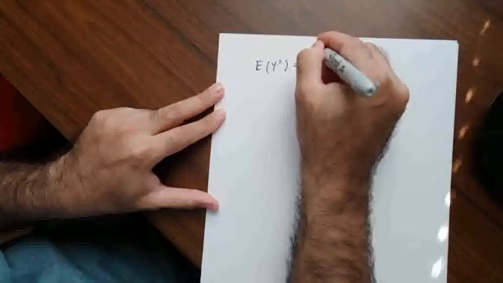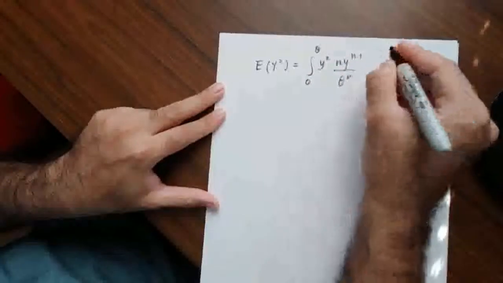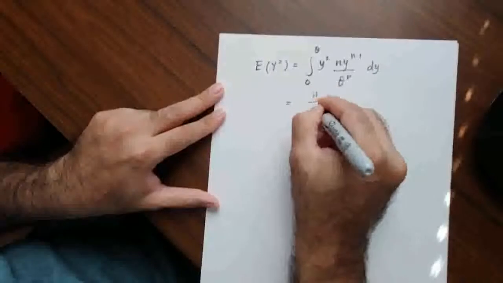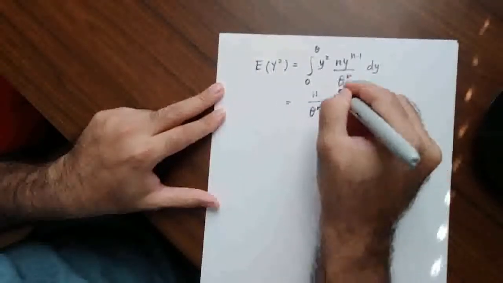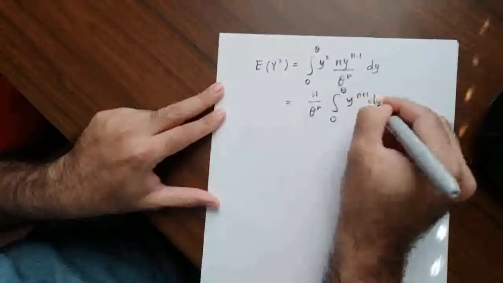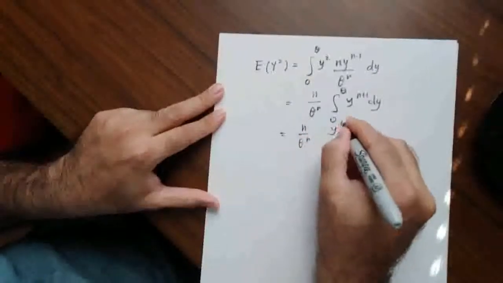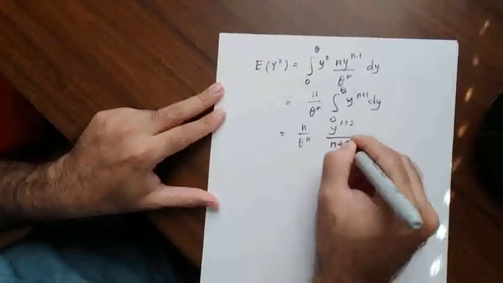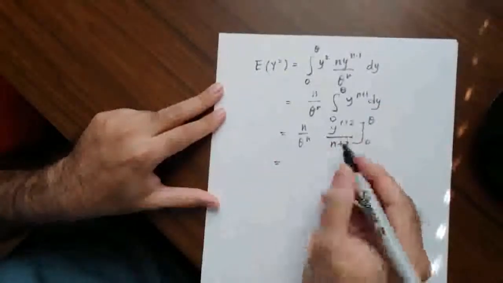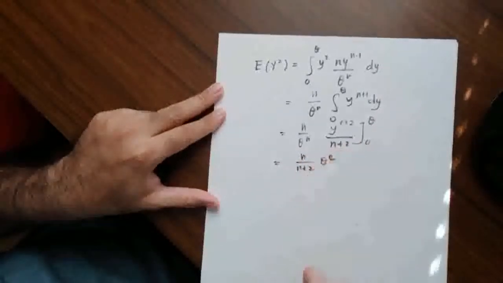That will be the integral from 0 to theta of y squared times n y to the power n minus 1 over theta to the power n dy, and theta to the power n I'm taking outside, integral of y to the power n plus 1 dy. So if you do the math, it is n over n plus 2 times theta squared.